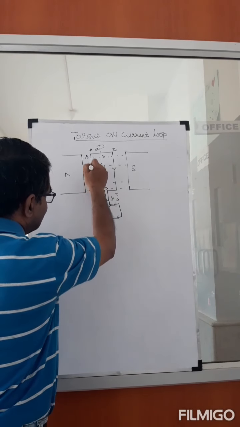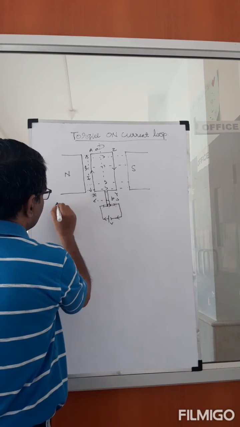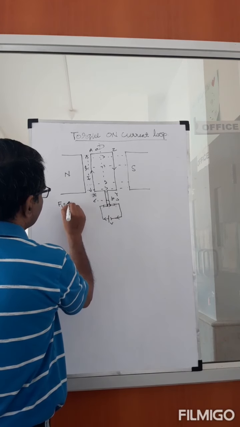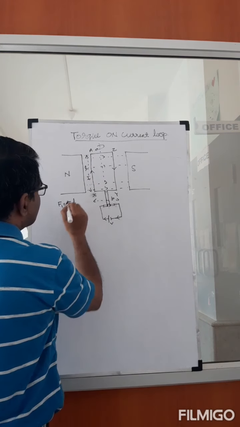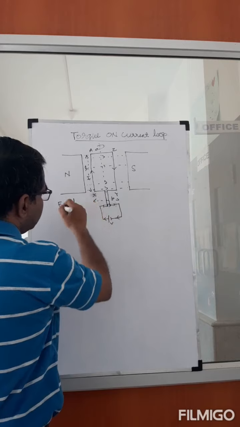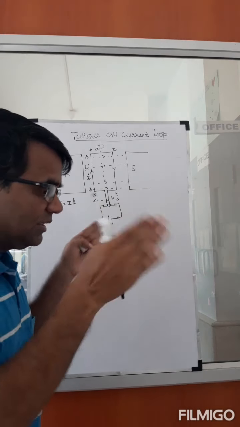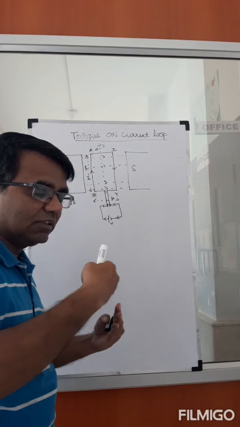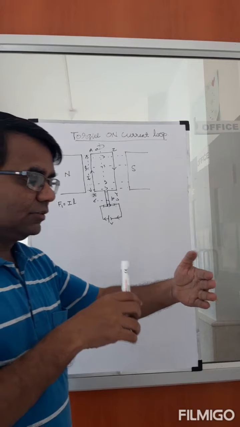Now the force experienced by this, let's say F1, is equal to I, the current flowing through this, L, the length, cross B. But if I'm keeping the entire loop inside the magnetic field, all the time the angle is going to be 90 degrees. Notice it.